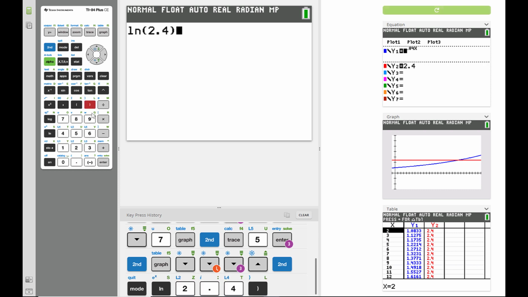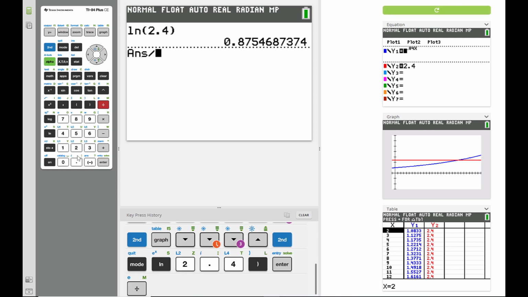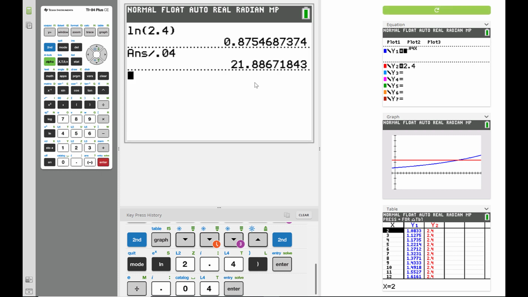So if we go ahead and take the natural log of 2.4 and press enter, we're going to get this value of 0.875468737. And if we take that answer and we divide it by 0.04, we're going to get 21.88671843, which is our answer there.